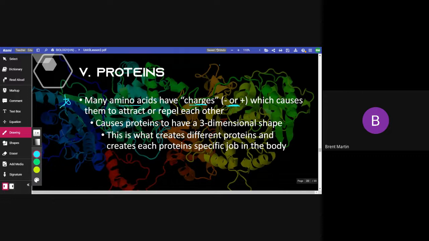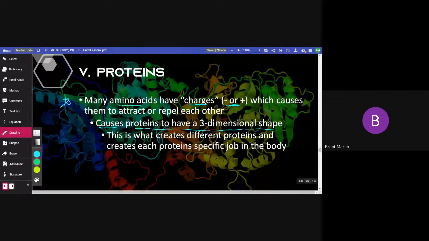So if you got molecules that are randomly positively and negatively charged, in some places they'll be close together, and then in some places they'll be far apart. And that causes a three-dimensional shape to be built when you have a bunch of these things combined, right? So it can cause them to attract or repel each other. It causes these proteins to have a three-dimensional shape.